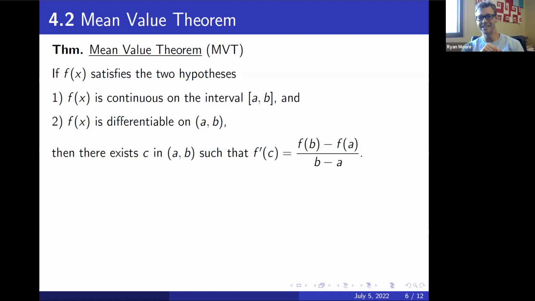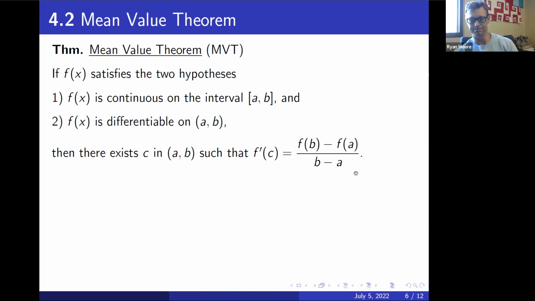Then there exists c in (a, b) such that f prime of c will equal this: f of b minus f of a over b minus a. Okay, what's going on there? What is that equal to? The interval is a to b.